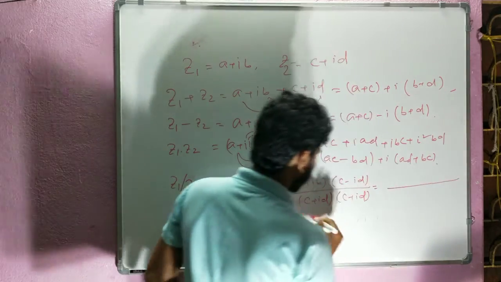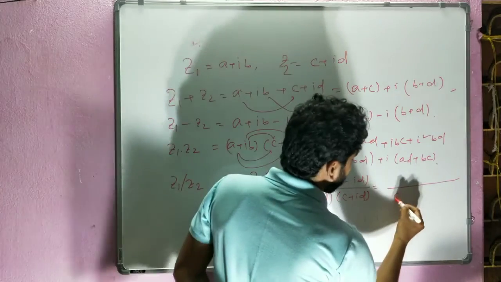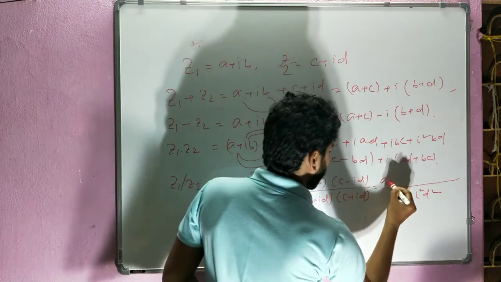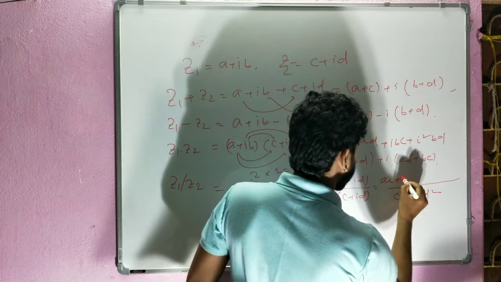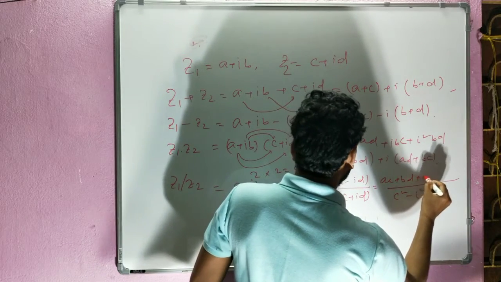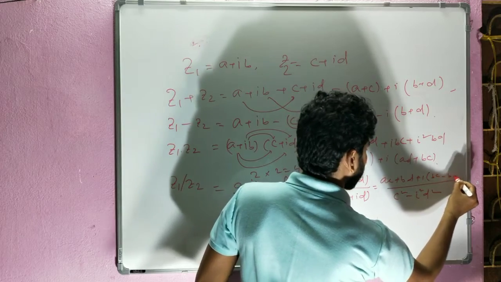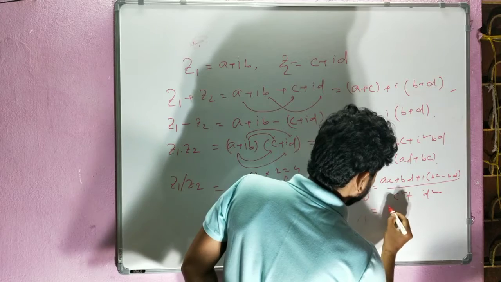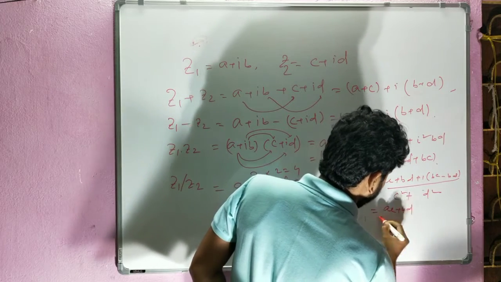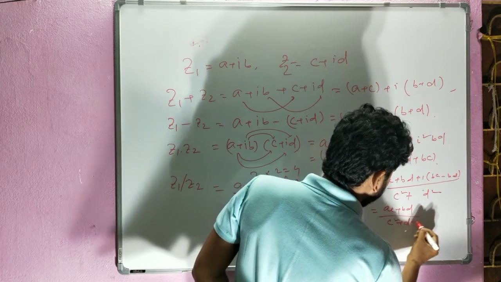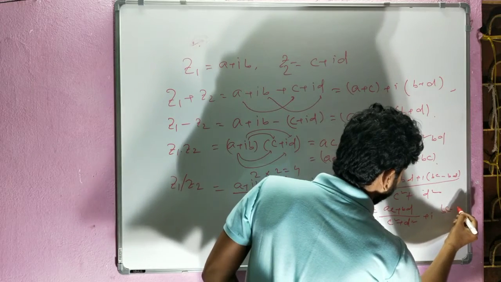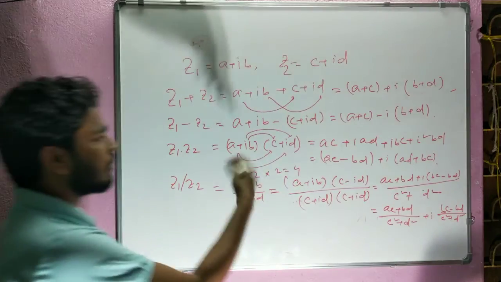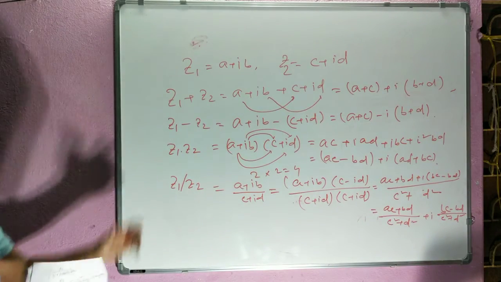The denominator is c square minus i square d square, and the numerator is ac plus bd plus i into bc minus ad. Since i square equals minus 1, this gives ac plus bd by c square plus d square plus i into bc minus ad divided by c square plus d square.